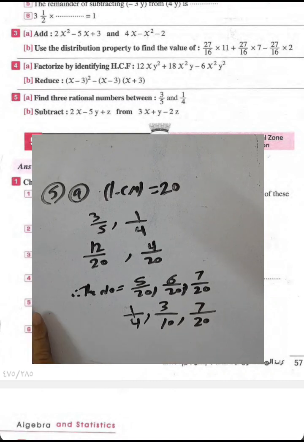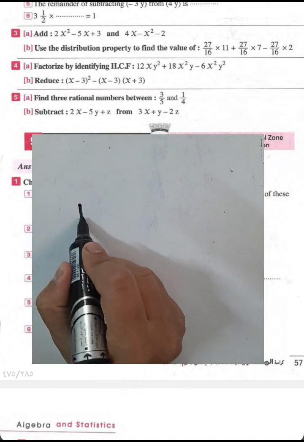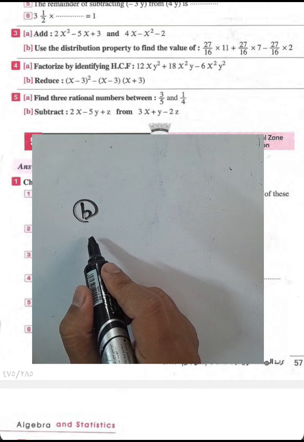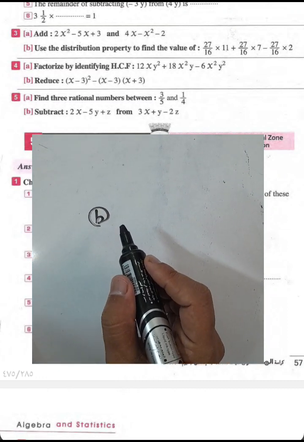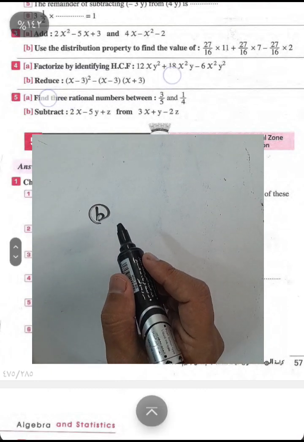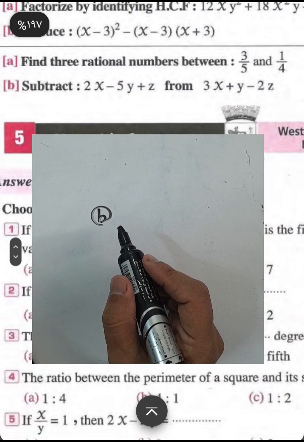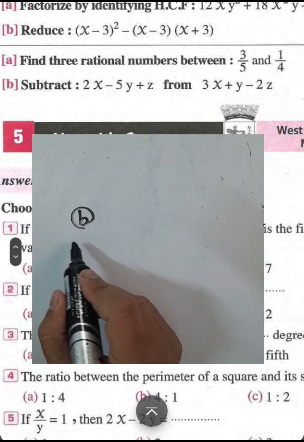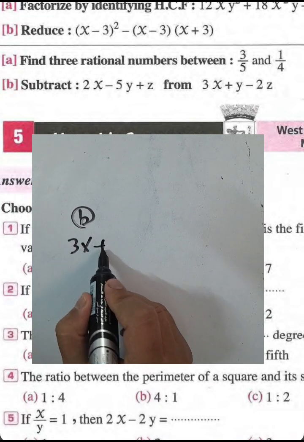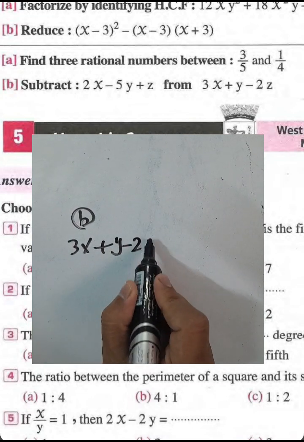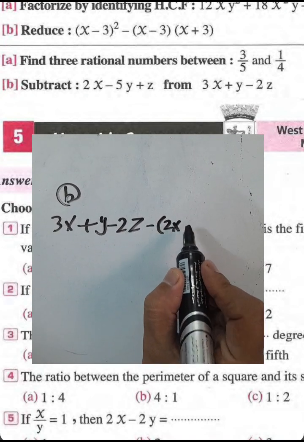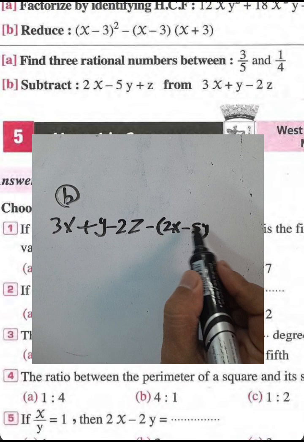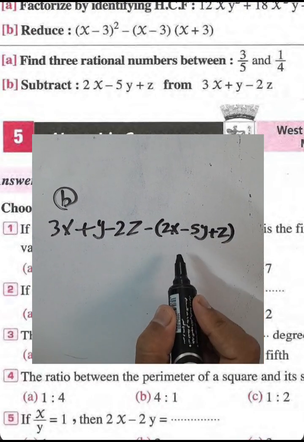Question letter B. Subtract 2x minus 5y plus z from 3x plus y minus 2z. Okay, we must write the subtrahend and the minuend. Write the minuend first: 3x plus y minus 2z subtract 2x minus 5y plus z.